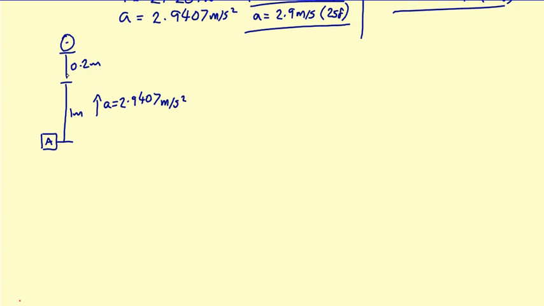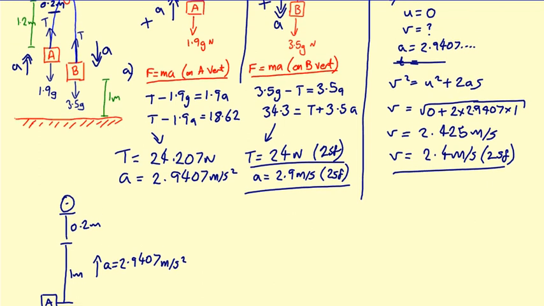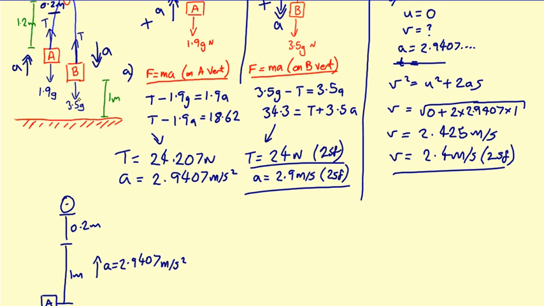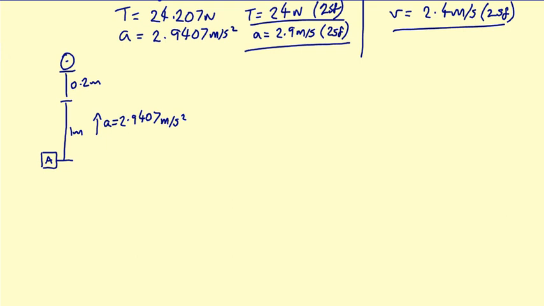But on this section, what's happening? Well, as this object hits the ground, it's not going to travel any further, but this object will keep going. It's going to keep rising up, which means the string is going to go slack. So there's no more tension. The only force acting on A from here on up is the weight pulling it down.